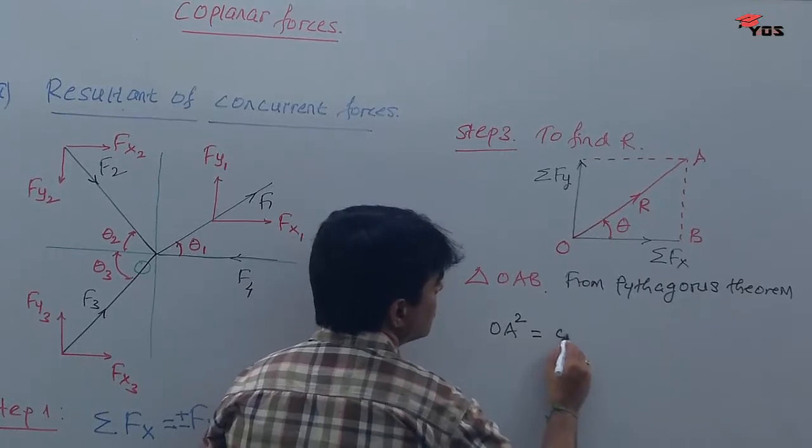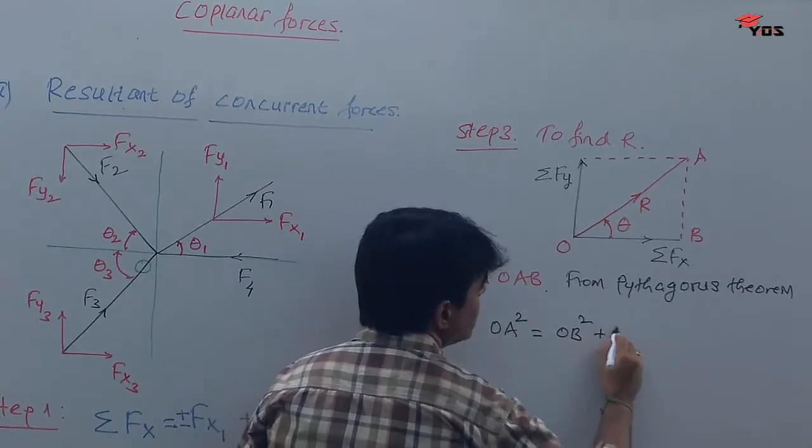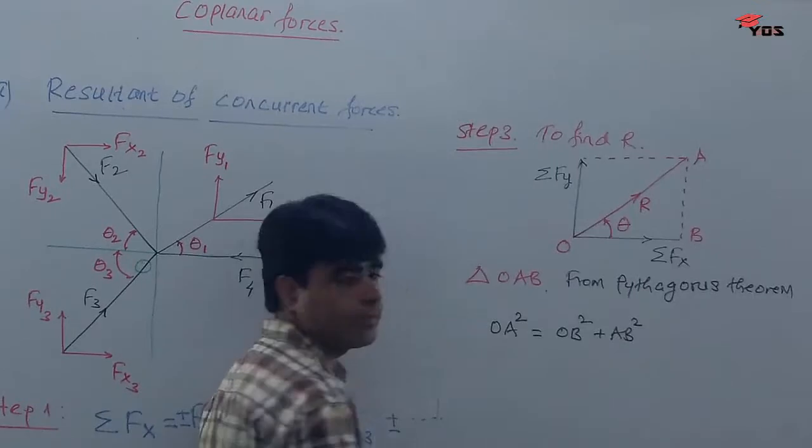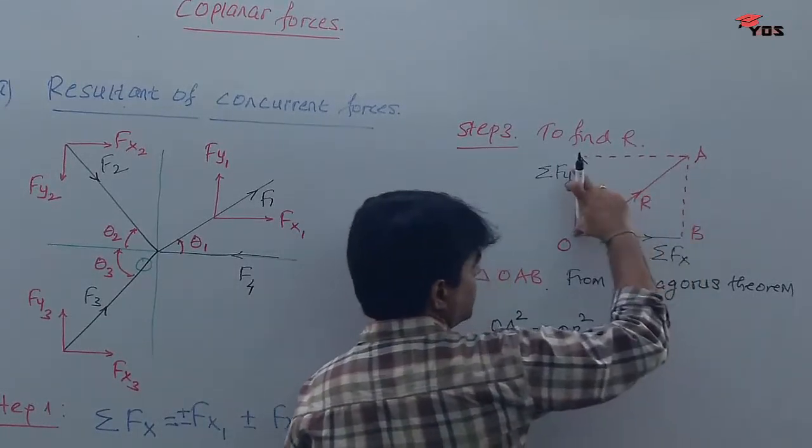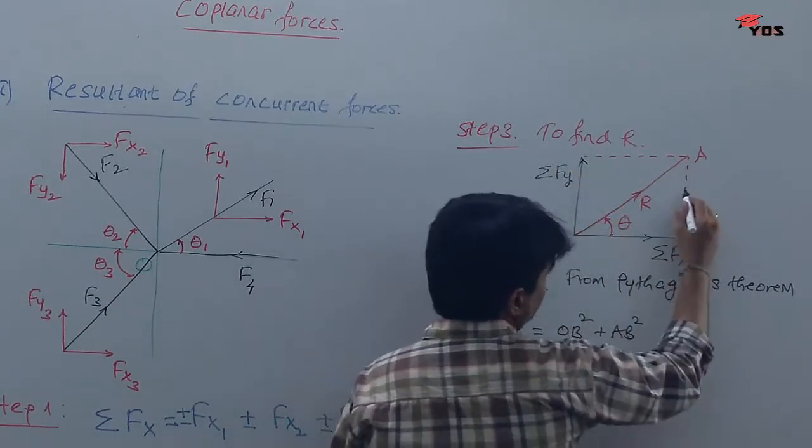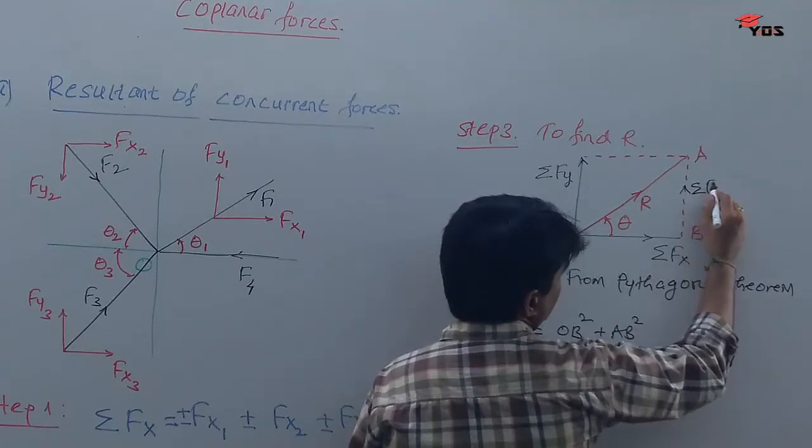OA square is equal to OB square plus AB square. Now along AB, vectorially you can shift sigma Fy over here.